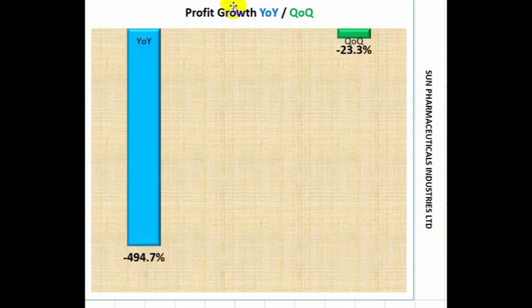Whereas if we look at the profit growth YOY and quarter on quarter, we see that YOY it has in fact turned positive. Here it's showing negative because of the calculation, but from loss in September 2018 it has come into profit in September 2019. So we can ignore this value. Quarter on quarter the profit has fallen by almost 23%.